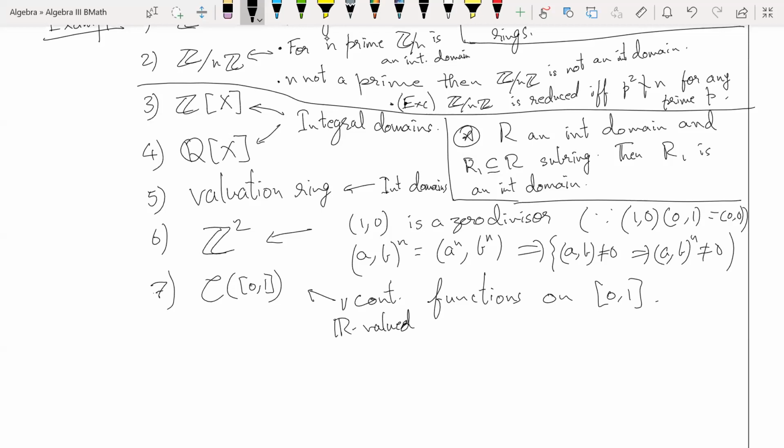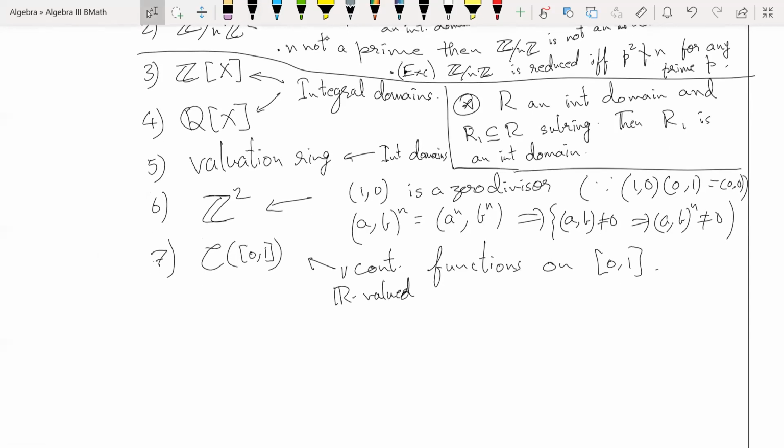So again, let's just check reduced. Let f be an element of C[0,1], a continuous function on the interval 0-1, and suppose f^n equals 0.